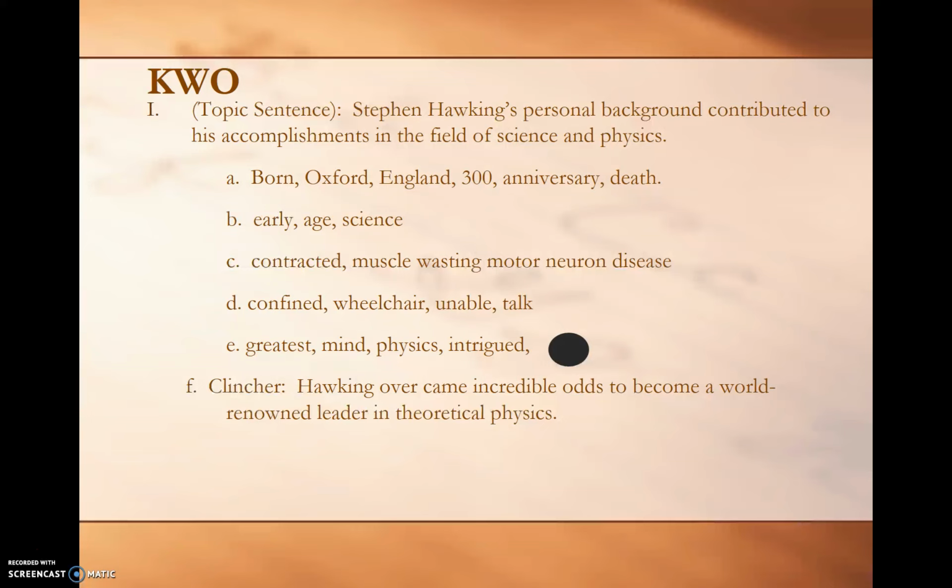Okay, now my clincher sentence in each of my paragraphs needs to reflect my topic sentence and the information in my paragraph. So in this paragraph, I have a clincher that says, Hawking overcame incredible odds to become a world-renowned leader in theoretical physics. Now, in my next paragraph, I am going to keyword outline all of his accomplishments. And when I write a topic sentence for that paragraph, I want to not only introduce the topic for that paragraph, which is accomplishments, but I also need to transition from the previous paragraph.